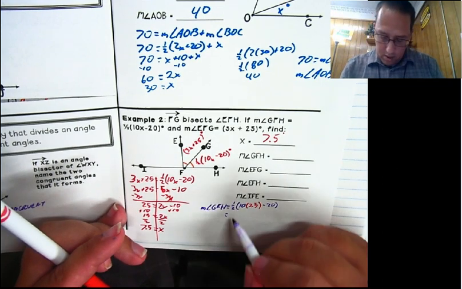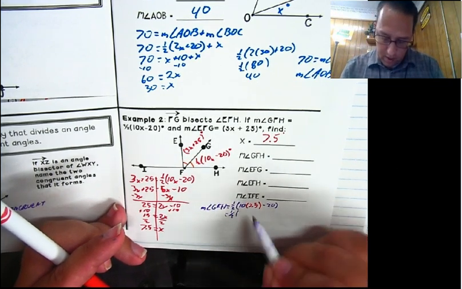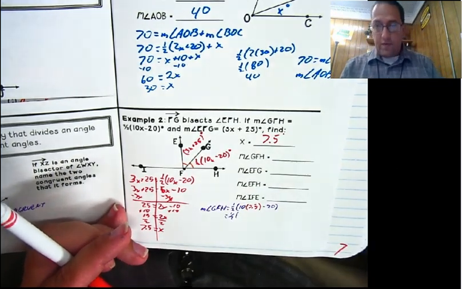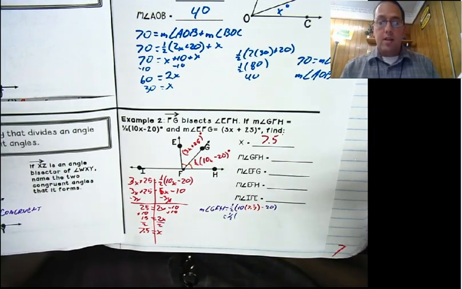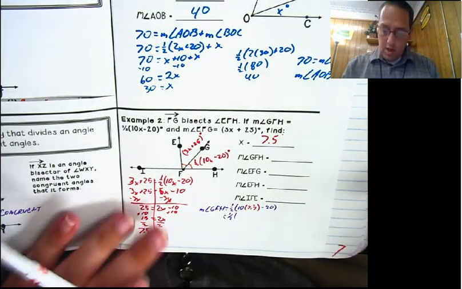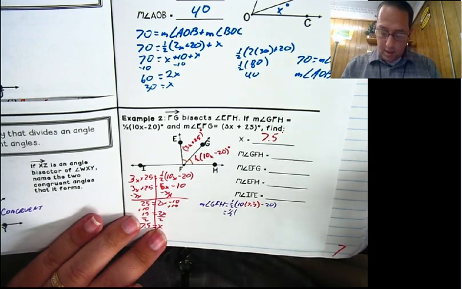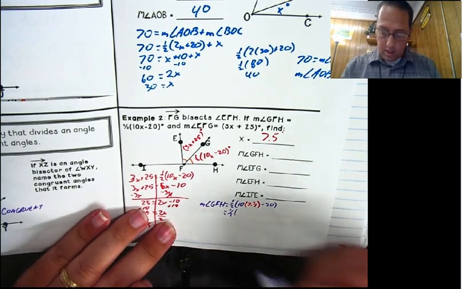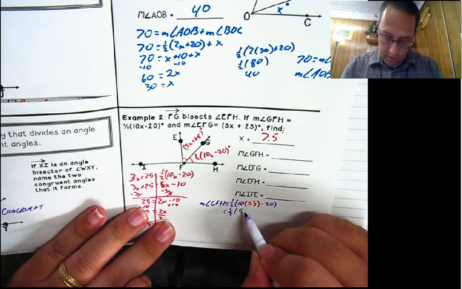Well, 10 times 7.5, I can multiply by 10, that's not too bad, I just move the decimal over. So that's 75. 75 minus 20 would be 55.